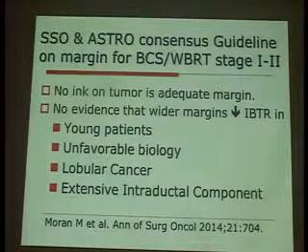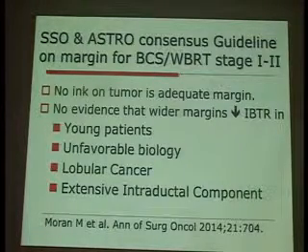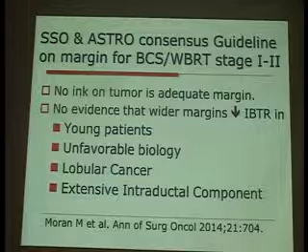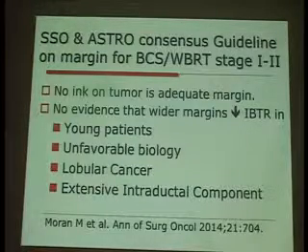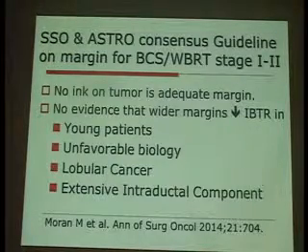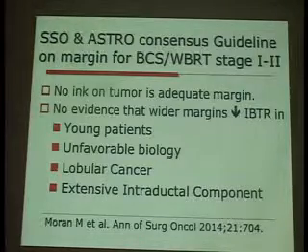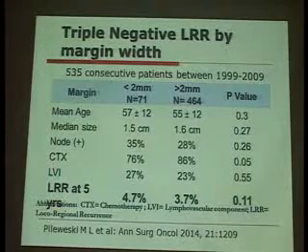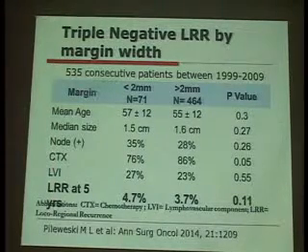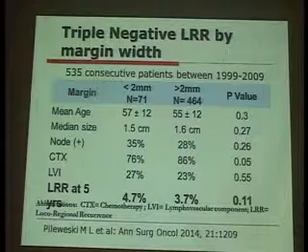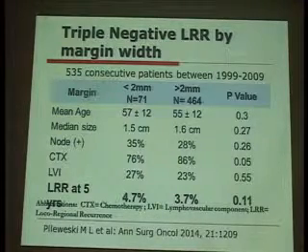And the conclusion of the SSO and the ASTRO was that this is more than enough, but clearly you should individualize the patient, and you can tailor it to the type of patient, but you don't need to have an extremely wide margin.